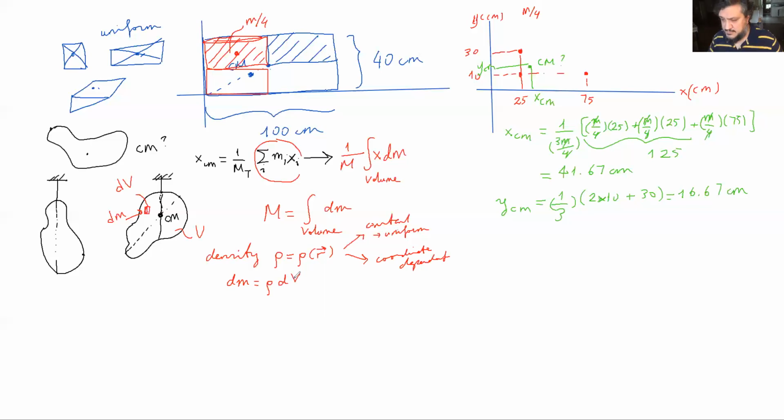So for the case of constant or uniform mass distribution, rho is simply the mass of the object divided by its volume. If not, we have to know how it depends on the coordinates x, y, z.